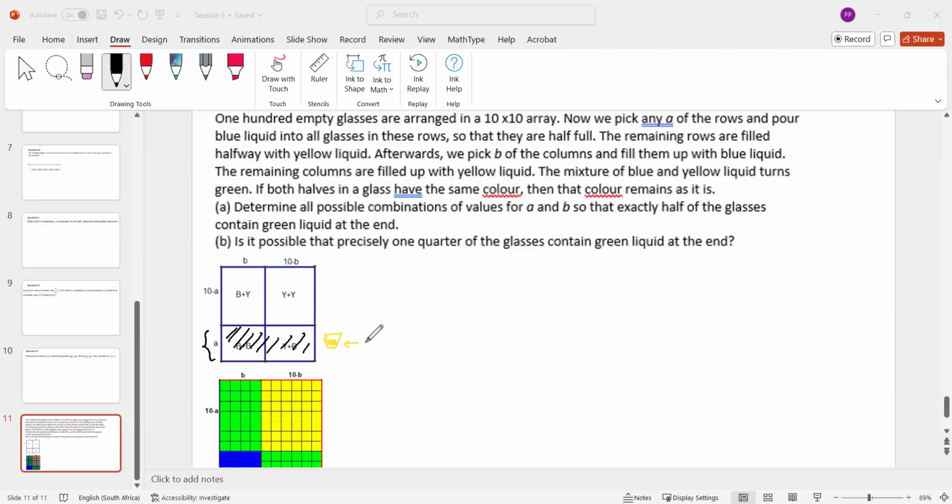Sorry, I've changed the color a bit too soon. So they are half full. So you got all these half full glasses. The remaining rows are filled halfway with yellow liquid. So maybe I should use the colors now.